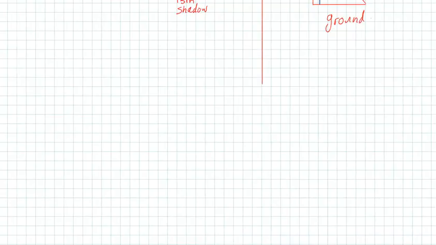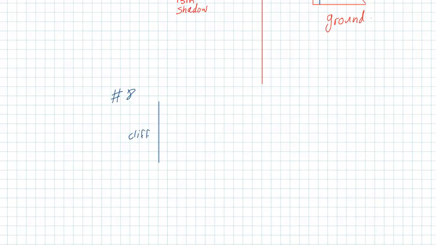So what's the first thing that I want to draw? The cliff. Okay. So let's say this is my cliff. Now, where is Jasmine standing? 500 meters from the base of the cliff.